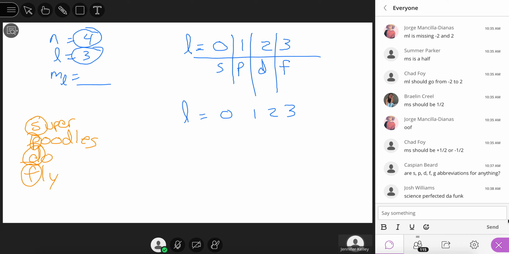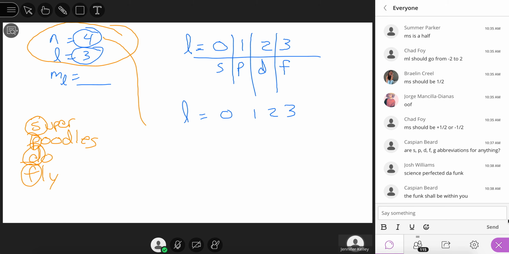And then a lot of times they'll give you this kind of information and ask you a little bit about it. With N, they call that the energy level a lot of times. It's the principal energy level. Sometimes they just call it the energy level.